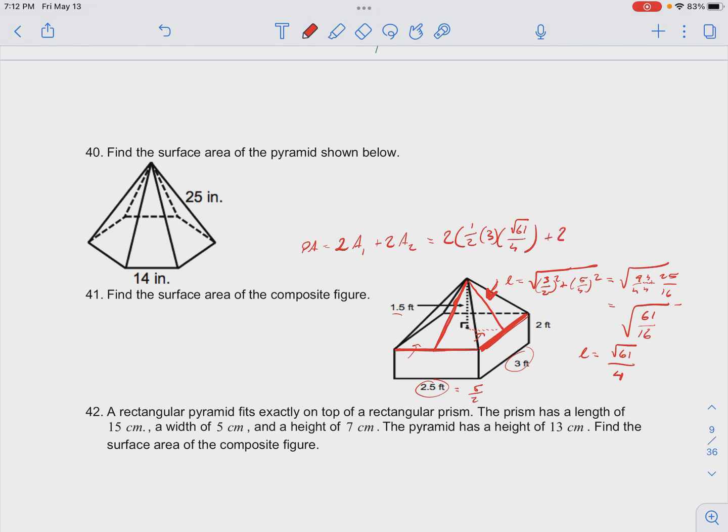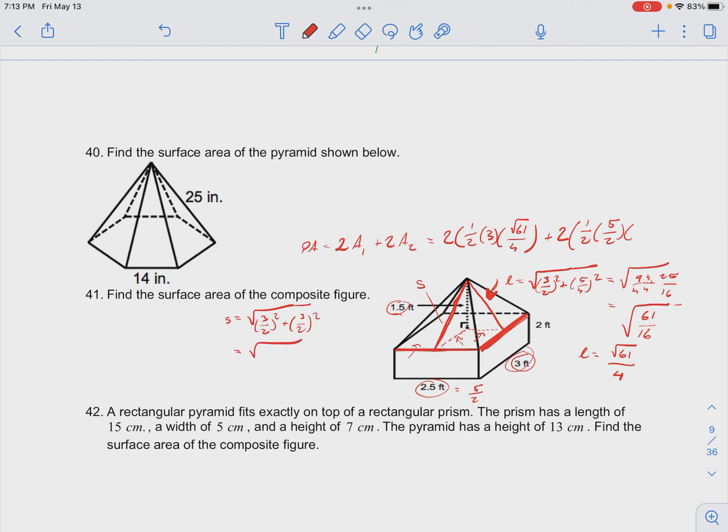Now we have the area of the other triangle given as 1/2 of its base, so that'll be 2.5, which is 5 halves, times its slant height, and we'll call this S. So finding S, we have the square root of, constructing a triangle here to the center, one side length of 1.5, so that's 3 halves squared, plus this base edge is half of 3 feet, so that's also 3 halves squared.